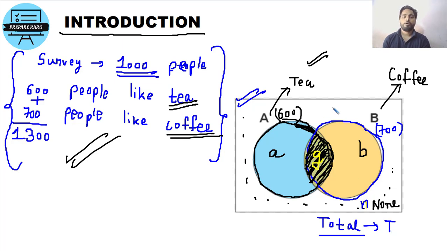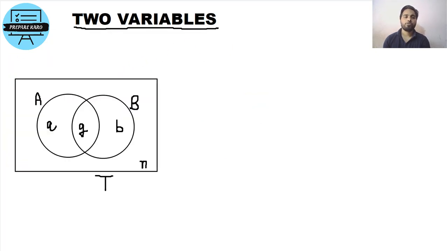If I ask you the number of people who like only tea, meaning the people who do not like coffee but like tea, that is region A. If I ask you the number of observations that fall into circle A, capital A is small a plus g.